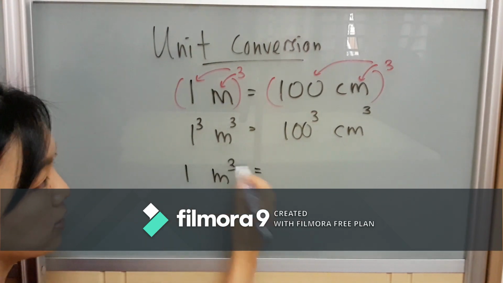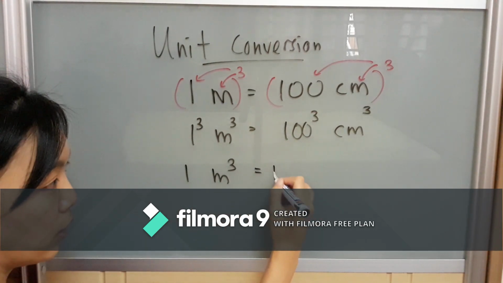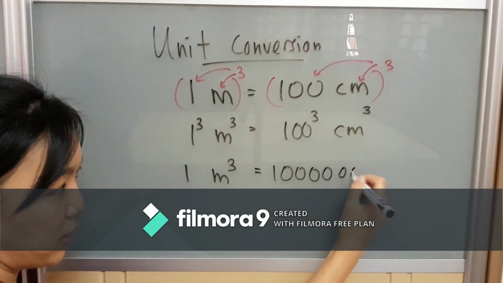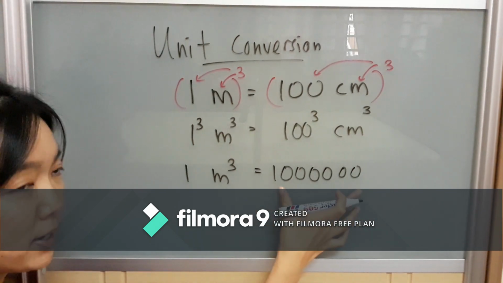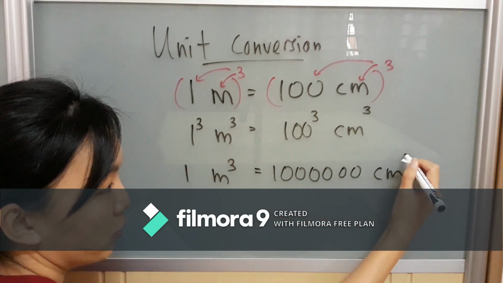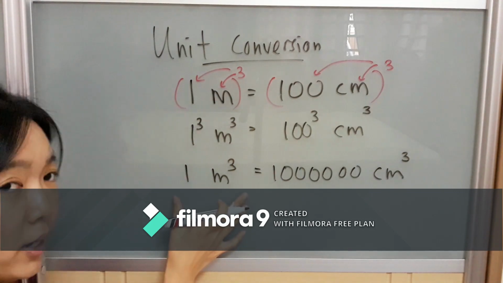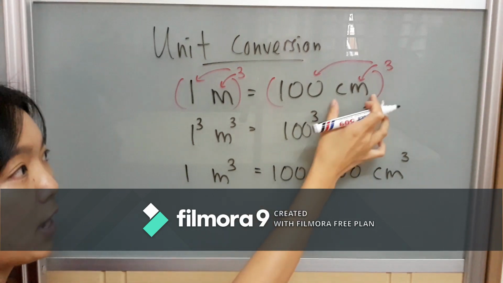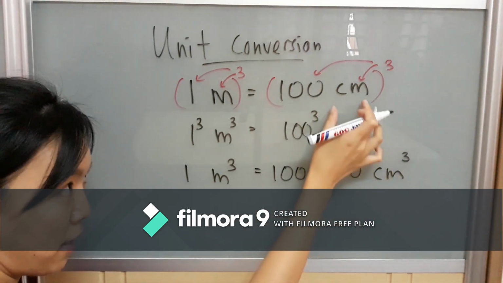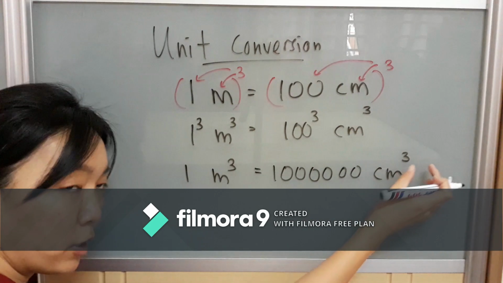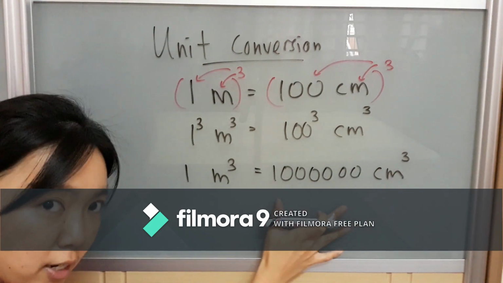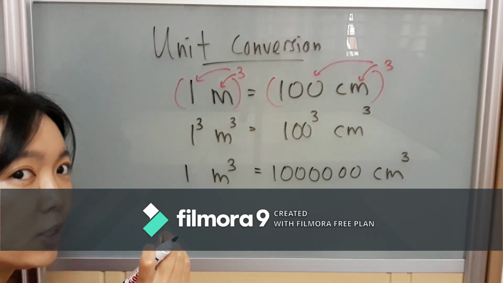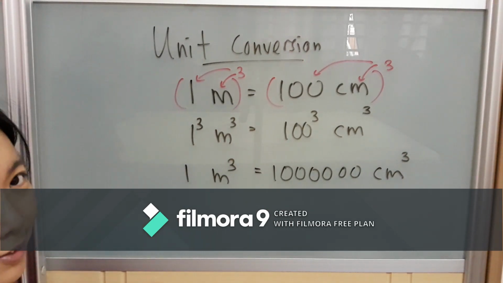Meter cube remains. 100 cube, put into the calculator, you'll get 1 million cm cube. So this is how we turn meter to meter cube, how we turn cm to cm cube. With this basic, then only we can do slightly challenging unit conversion. I'm going to show you in a while.